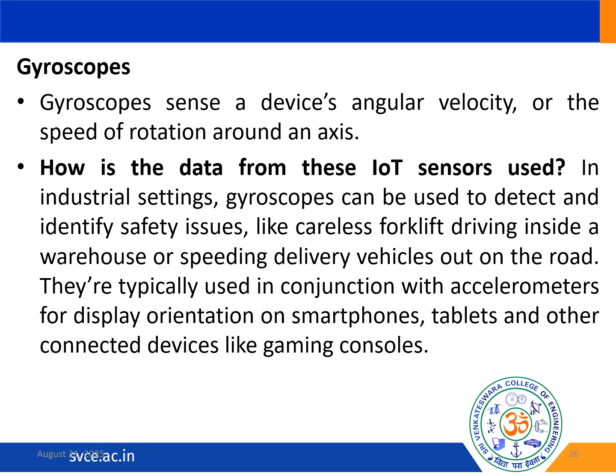In industrial settings, gyroscopes can be used to detect and identify safety issues like careless forklift driving inside a warehouse. For example, how fast a device rotates around an axis can be monitored by using this gyroscope sensor.